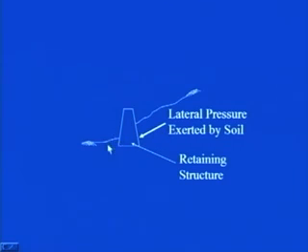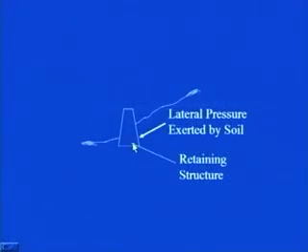But what is happening here? In this process, simultaneously this wall is moving towards this soil. So, here the active condition is getting generated and simultaneously here the passive condition is getting generated, and that is why it is very necessary to estimate passive earth pressure properly to have proper analysis and design of this retaining wall.